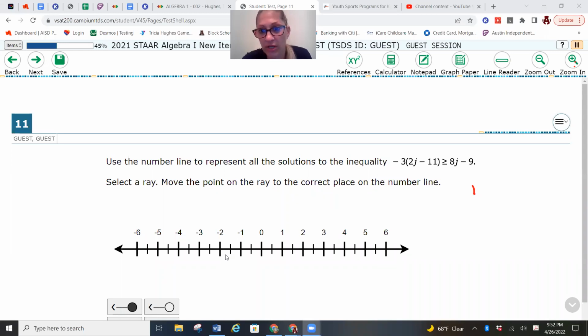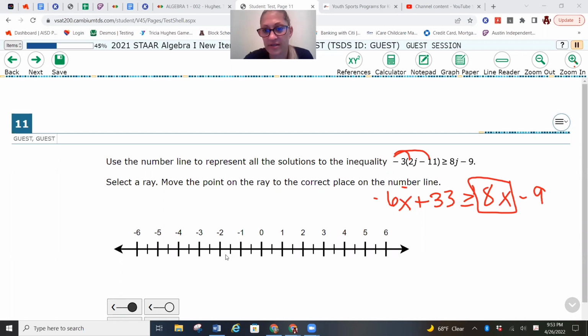Here we go. We're going to need to multiply -3 times 2. I don't like using J's. I'm going to use X. It's easier on my finger. I'm going to do -3 times -11, and 8x minus 9. So I have an 8x and I have a -6x. I need to get the two x's on the same side.